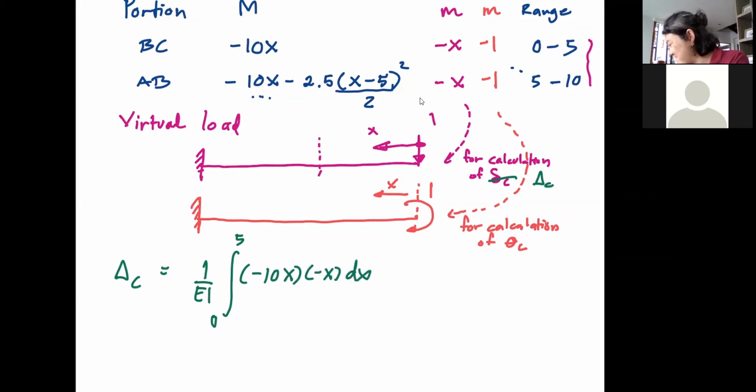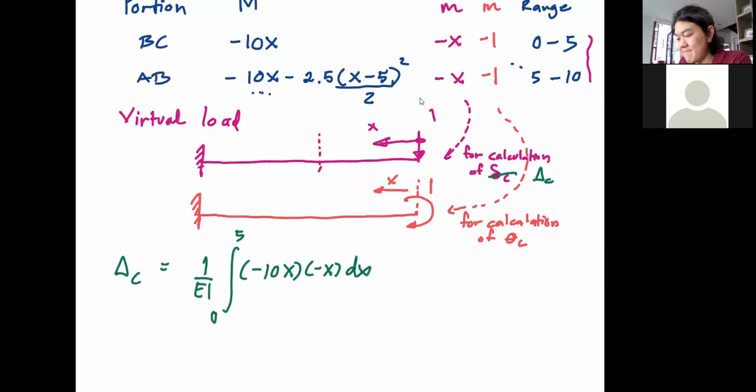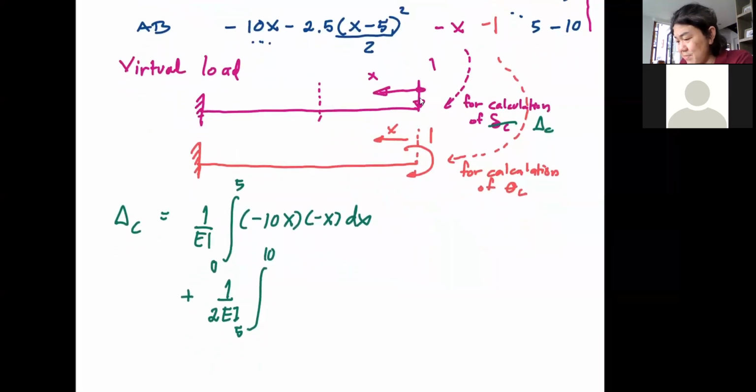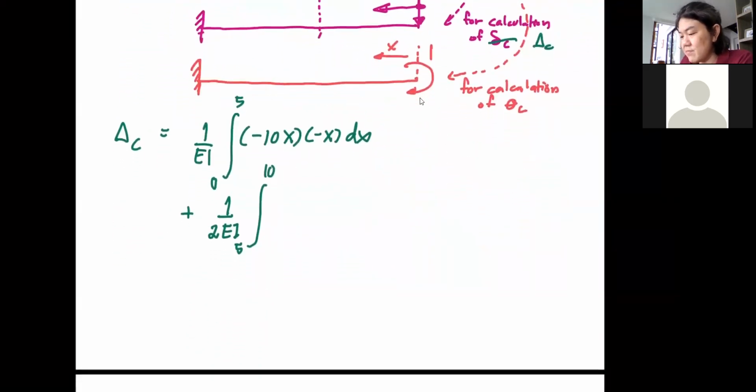The second is plus, right? The second has 2 EI. And the integral from 5 to 10. Let me fix it.